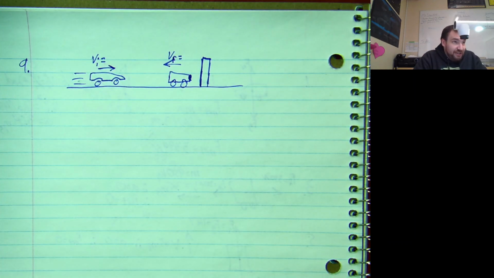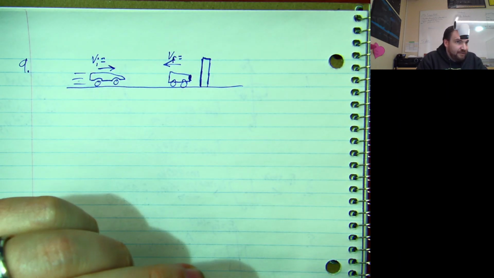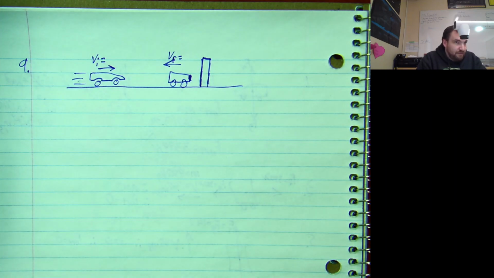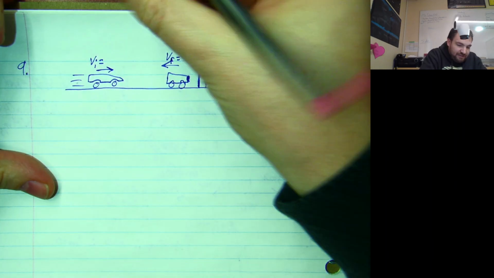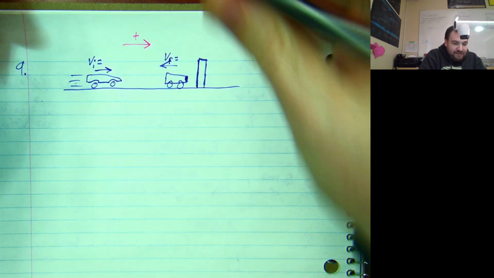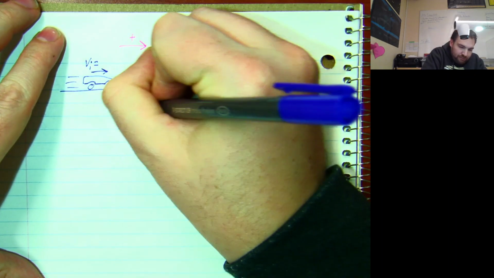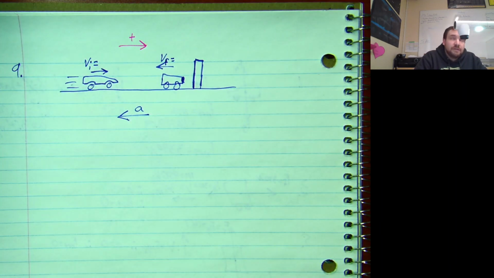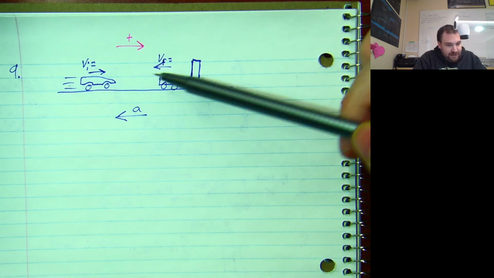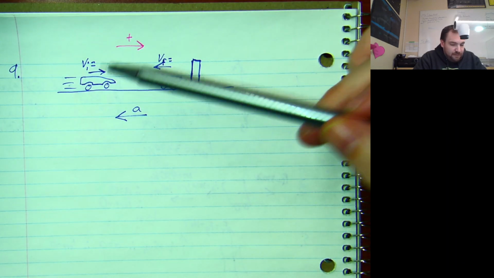So the acceleration is going to have to be which way? We haven't declared anything positive or negative yet. Okay, Zaid, which way do you want to be positive? If this direction is positive, then this thing has to have an acceleration that way, because it went from an initial velocity to the right to a final velocity to the left.